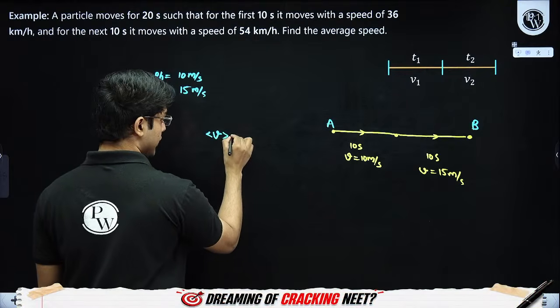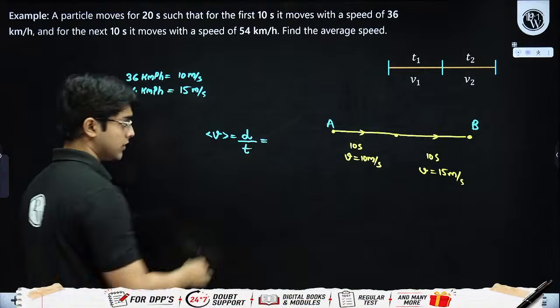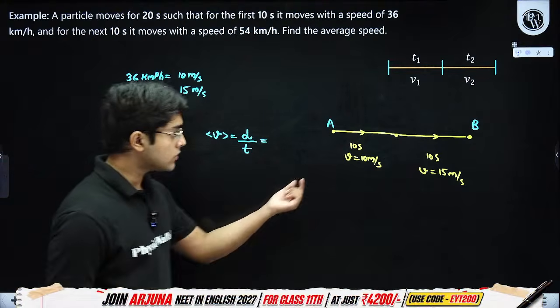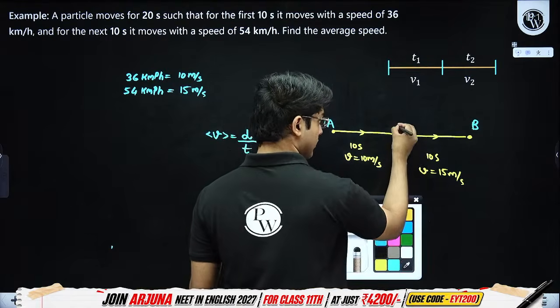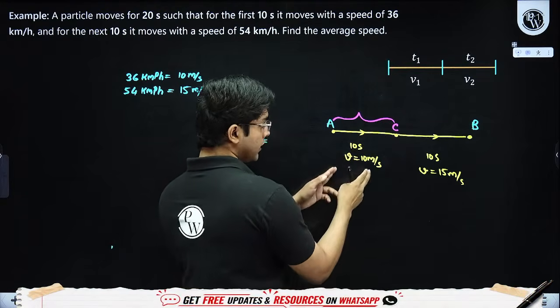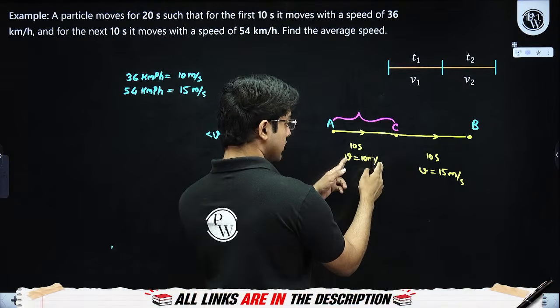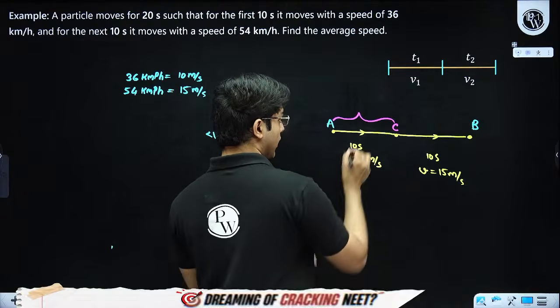For average speed, you just have to find the distance traveled in the journey upon the time duration of the journey. From A to this intermediate point C, what will this distance be? Here we are traveling with constant speed, so you can write distance as speed into time, 10 into 10, 100 meters.